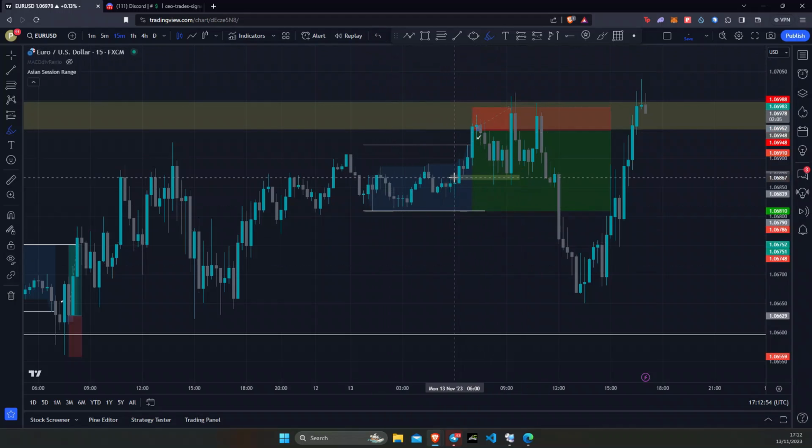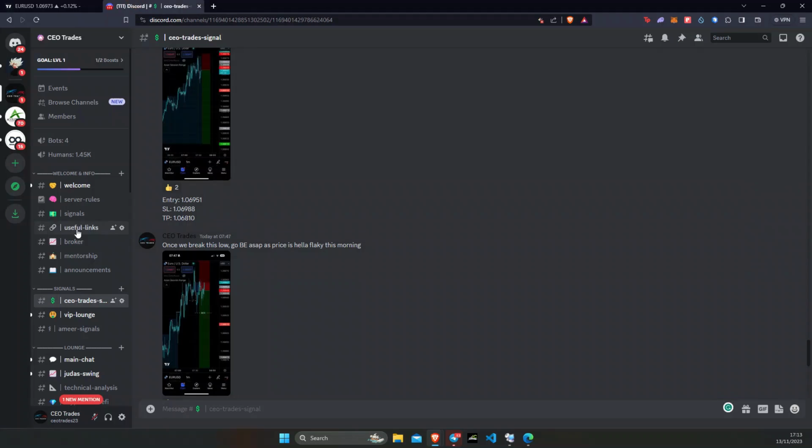Now, as I said earlier, price is bullish on the 15-minute, right? So as you can see, we've got higher high, higher low, higher high. So now there was the potential of us creating a higher low here before giving us a higher high right there.